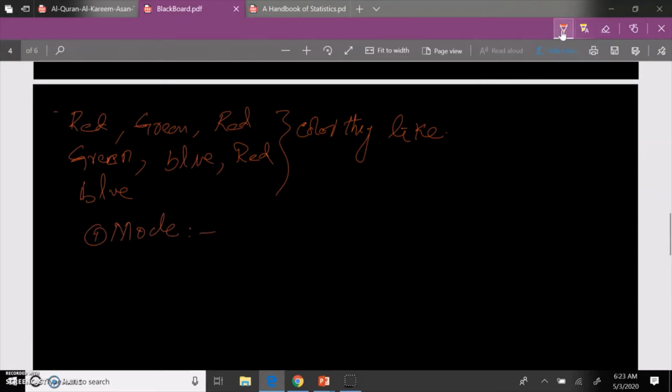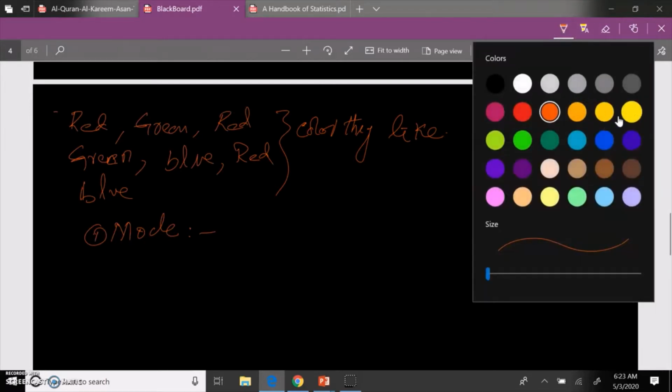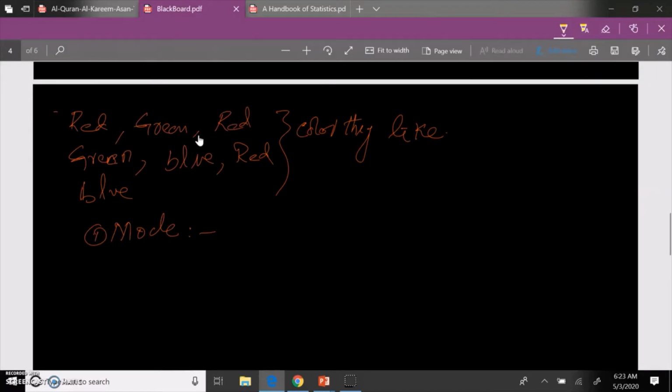Clearly, the mode is a value which is appearing the maximum number of times. Look at that, red 1, red 2, and red 3. So red is appearing 3 times, so we're going to say the mode is red, right?